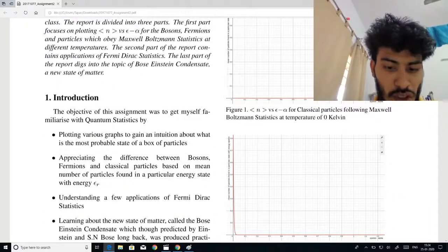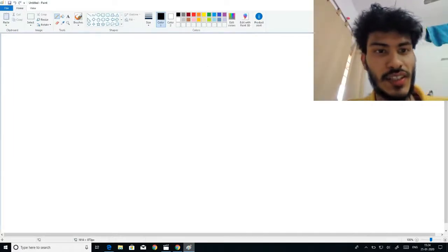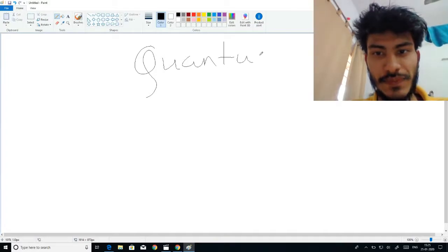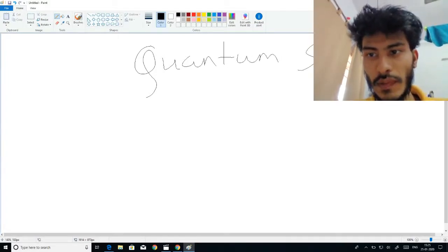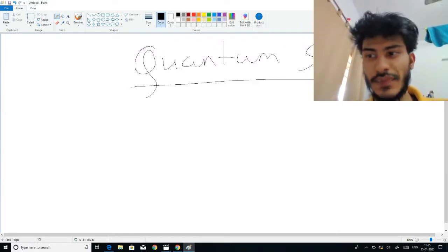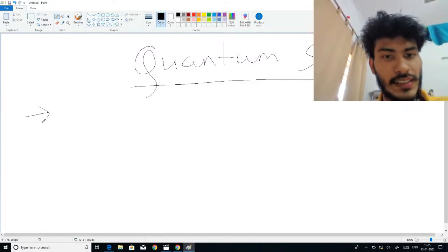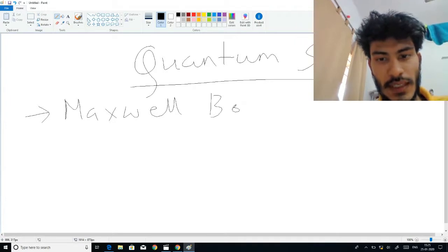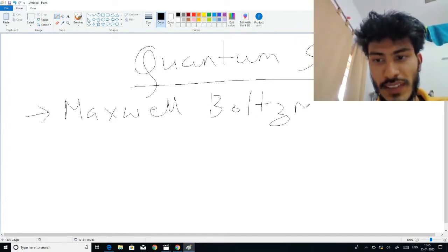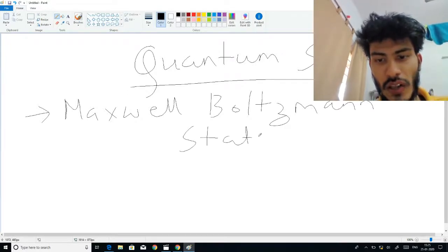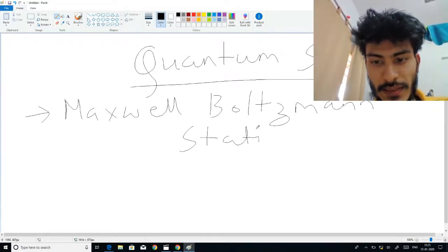So Science 2 started with sir teaching us about quantum statistics. In quantum statistics, there are three broad categories. Maxwell-Boltzmann statistics, and particles that follow this statistics are called the classical particles.